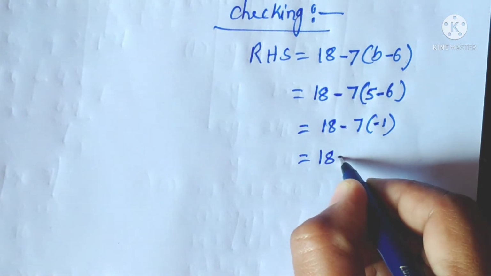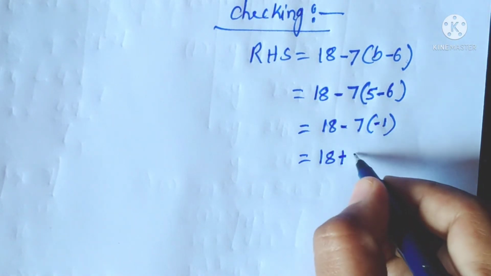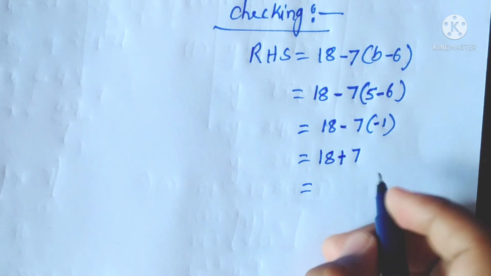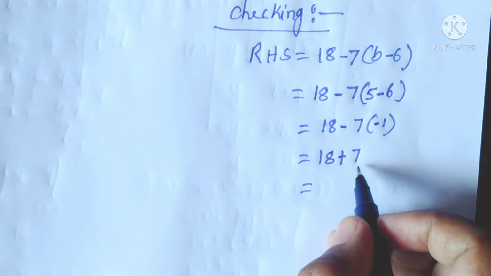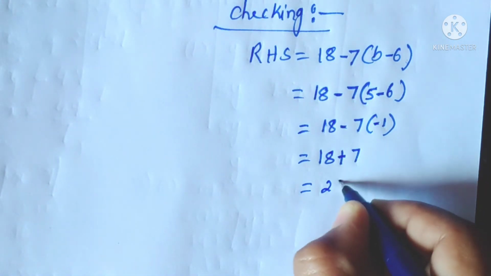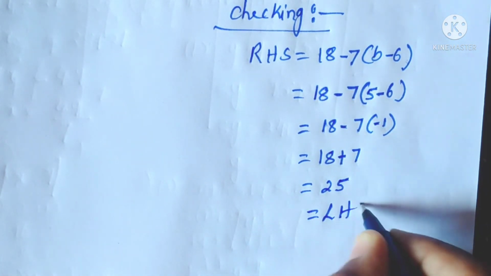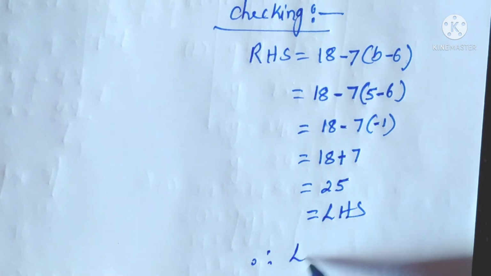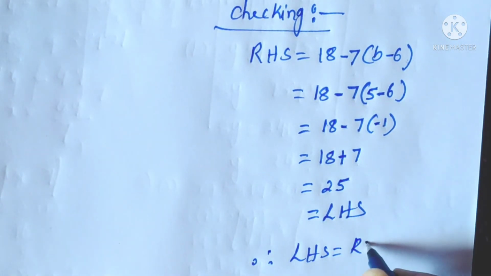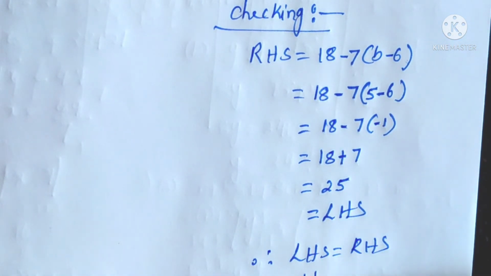So 18 minus into minus, plus 7 into 1, 7. 18 plus 7. 18 plus 2, 20, and 5 is 25. So this is the LHS. So therefore LHS is equal to RHS, hence verified.